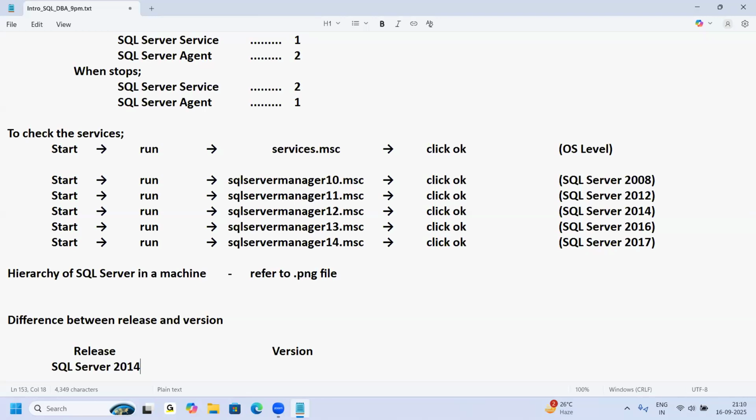That SQL Server 2014 is what you call a release. And for the very first time, when that SQL Server 2014 was released, it was identified by a version number like this, 12.0.2000, and it is called RTM.